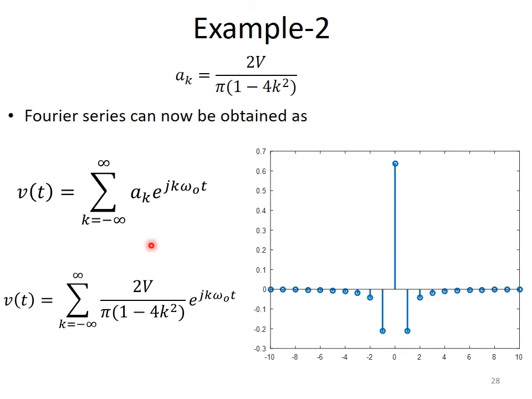So from this analysis, you can determine that the output of the full wave rectifier still contains some harmonics. Ideally all the power should be in the DC component, right? However, it is not purely DC, therefore we still have some harmonics in this.